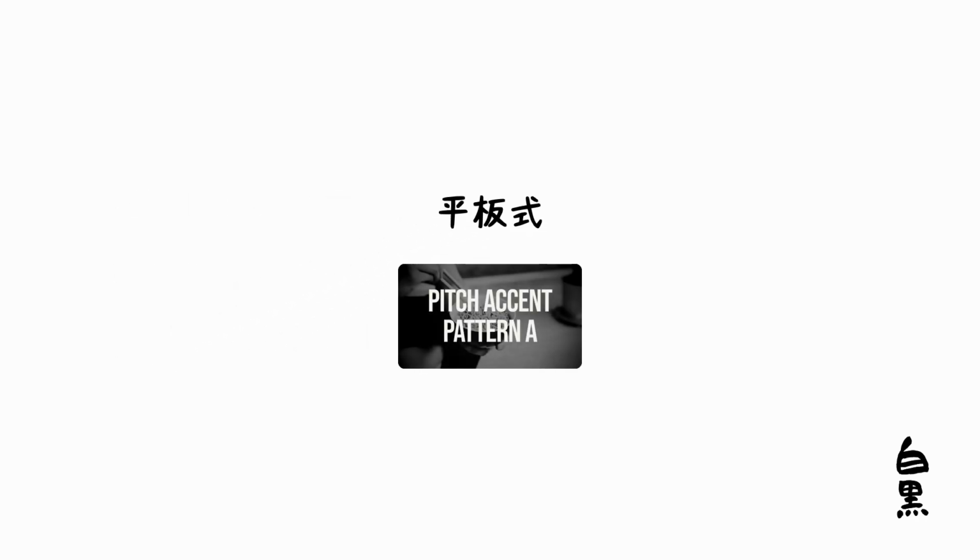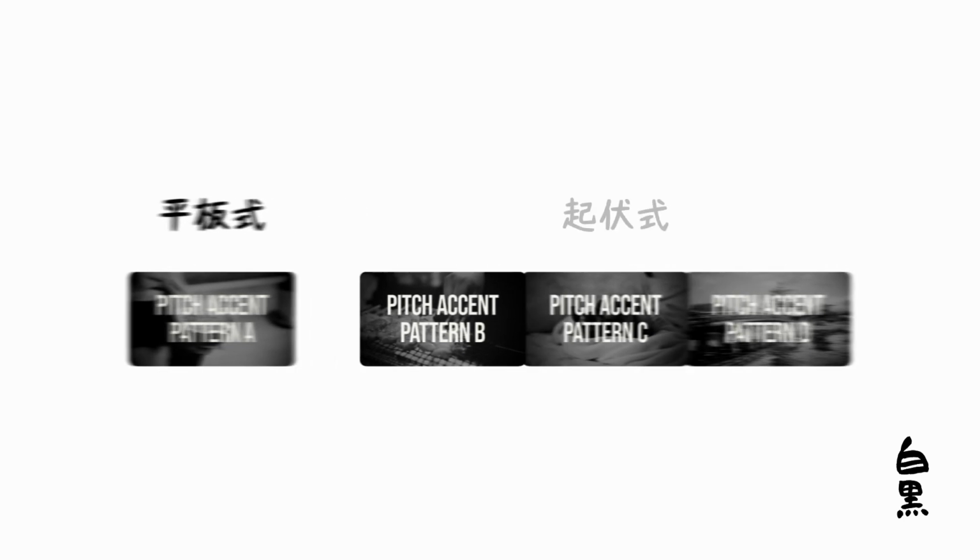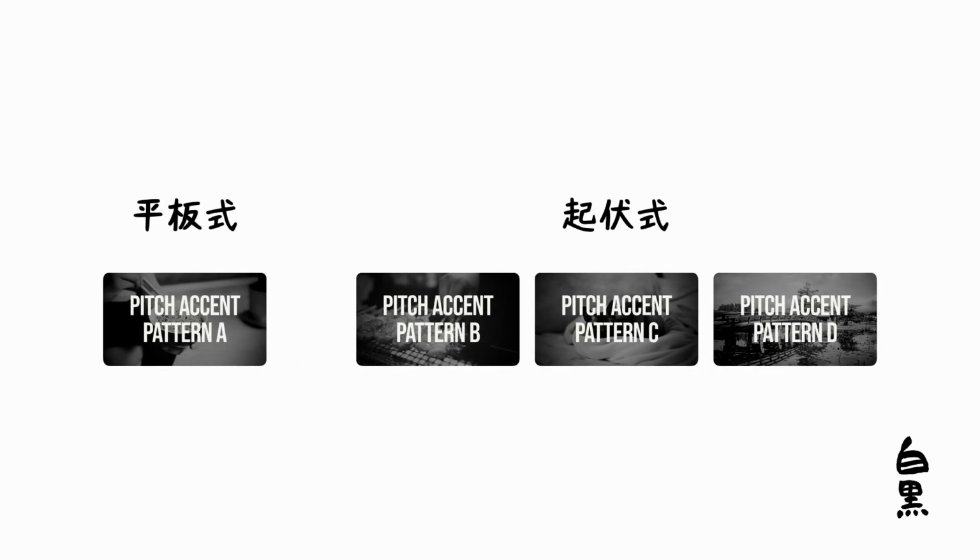Finally, for convenience, we'll introduce two broader pitch accent categories: flat type and falling type. It's very simple. Flat type refers to the familiar flat or pattern A pitch accent, while falling type refers to patterns where the pitch drops.